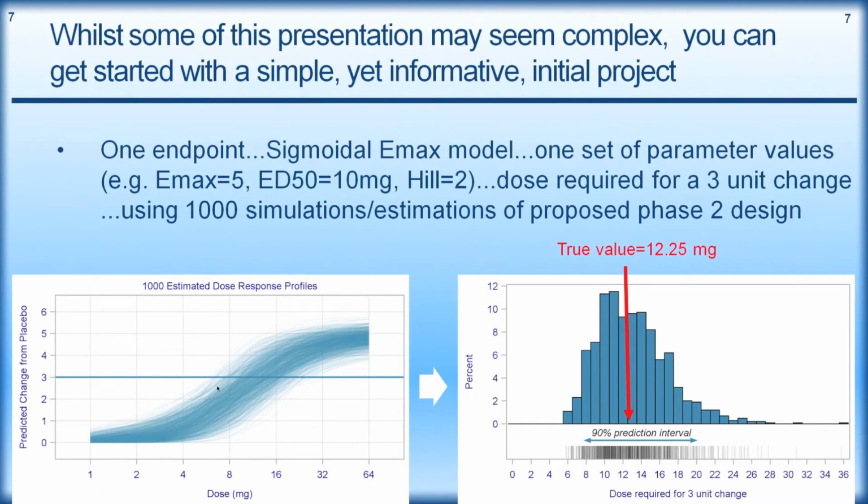So here from around about 8 up to about perhaps 20, which is what we're seeing here in this histogram over here. We have the 90% prediction interval from 8 up to 20, and we can compare that to the true value. If we know that the Emax is 5 and the ED50 is 10, the dose required should be 12.25. And we can see how close we are. And then we can talk about whether we think our design is adequate enough or not.